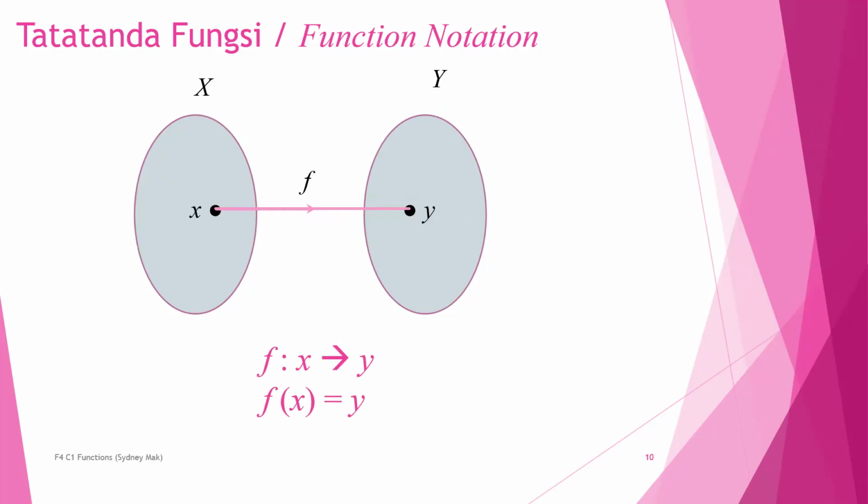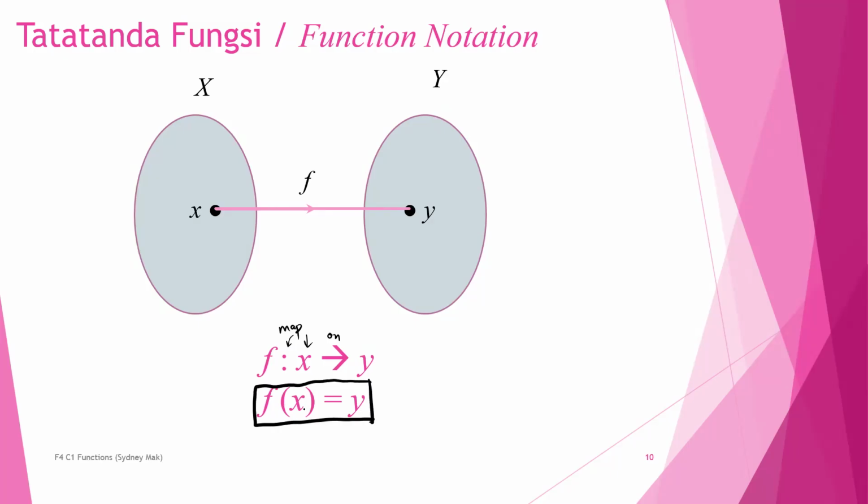And we write it like this, f maps the x onto y. Okay, but when we want to solve in maths, it has to be always in equation form. So I change it to an equation, and this is how we change it to an equation.